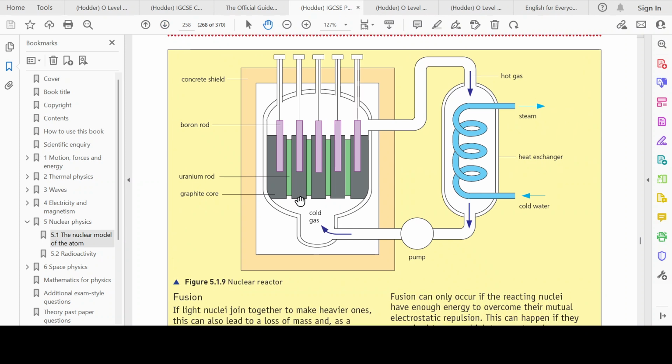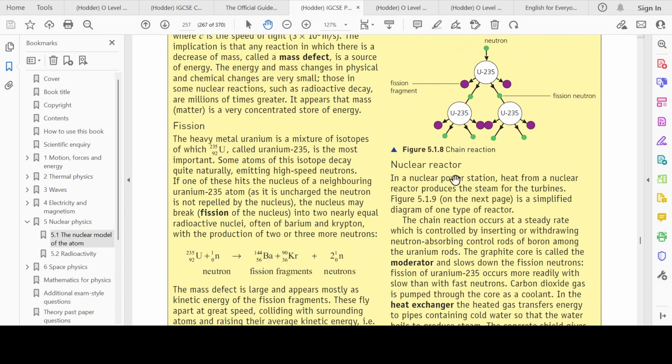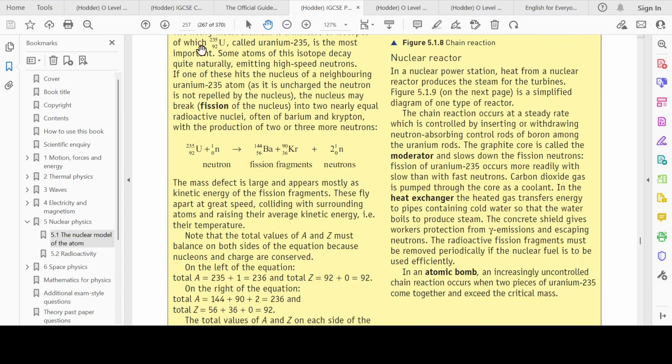So what's happening over here? You have the concrete shield that's protecting from emissions and neutrons, the boron rods to control the fission reaction, the uranium rods, which are the radioactive material, and the graphite core. What was that doing? It's the moderator, slowing down the neutrons.